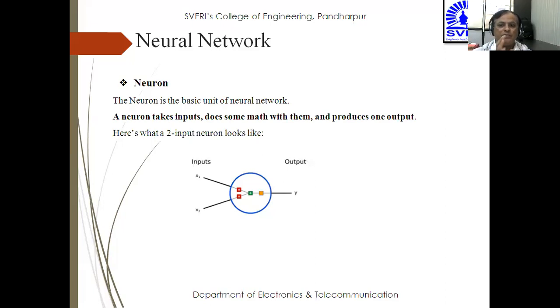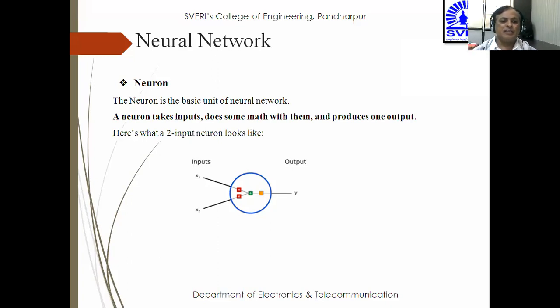A similar kind of functioning the neural network does. The neuron in that network is the basic unit. It takes an input and does some kind of maths with it, and then you produce one output. Here is what a two-input neuron looks like.